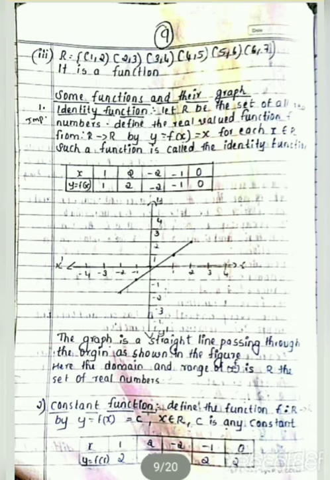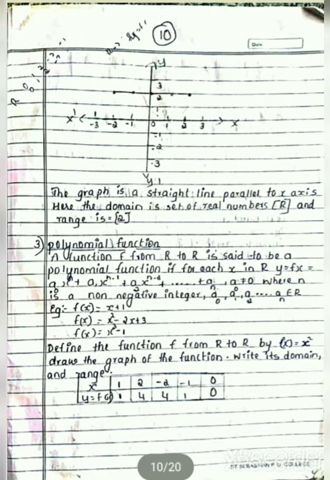So x may be anything. You can give x belongs to R, meaning x may be any real number, whether it is a fraction or a whole number or anything. See there, for example, the constant is taken as 2. If you mark the points like the earlier graph, what will you get?